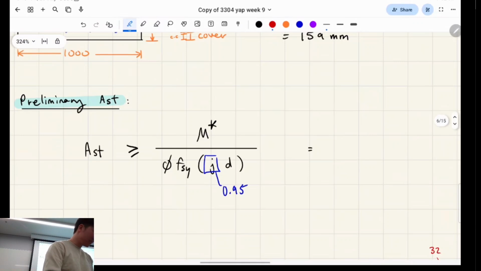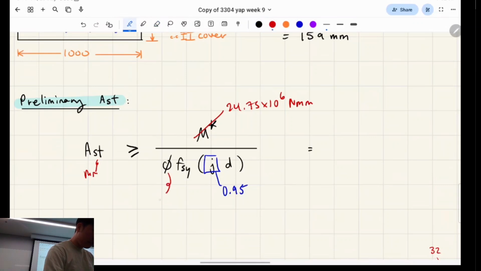So after we plug in all those numbers, 24.75 times 10 to the 6, I've converted that to newton millimeters because we want this in millimeters. We want this to be ductile. We were told this was 500. And then here we calculated that effective depth.